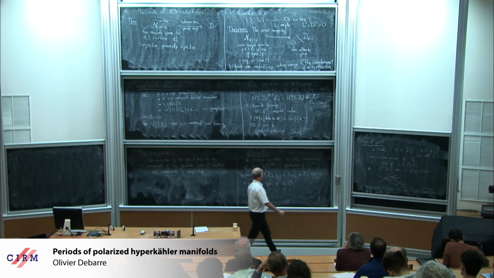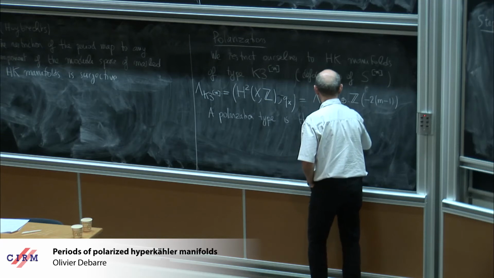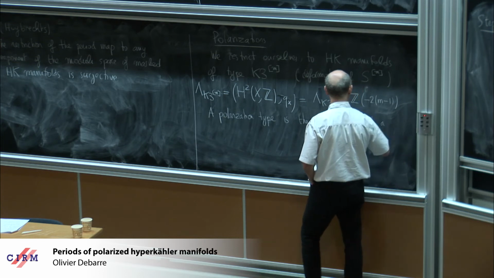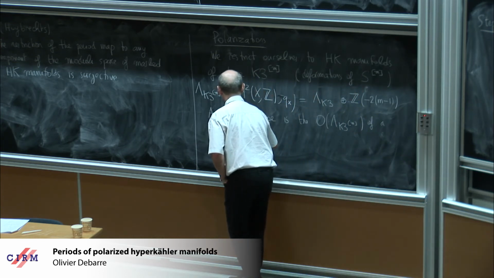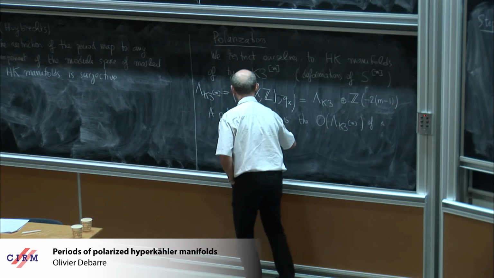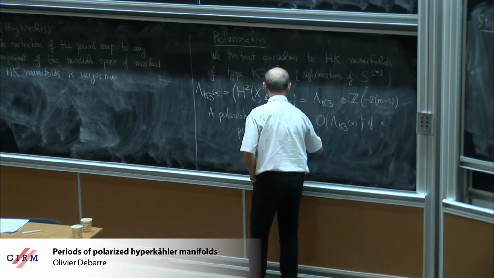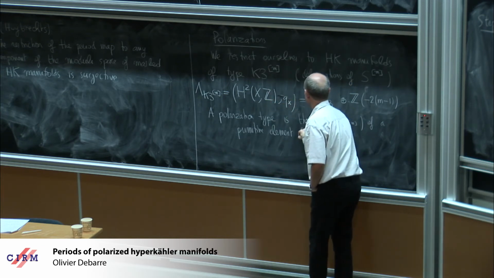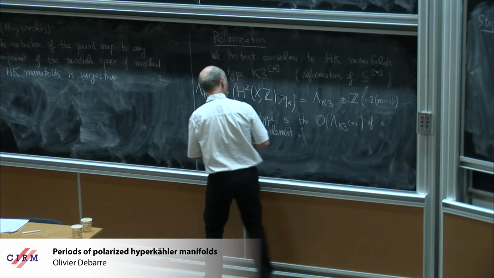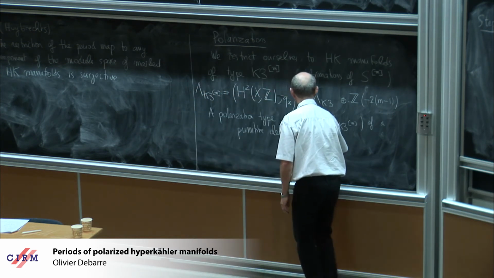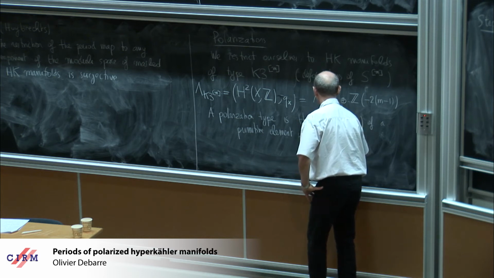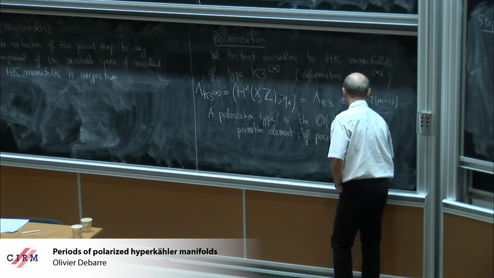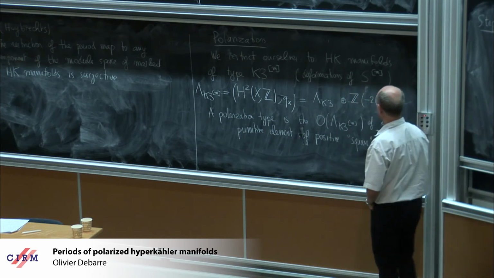So a polarization type is the orbit, under the isometry group of this lattice, of a primitive element, maybe I should say of positive square. I forgot to mention that ample classes have positive Beauville-Bogomolov square. The square means the value of the Beauville-Bogomolov form.